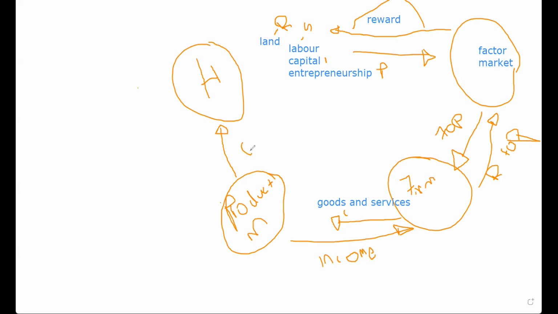So I'm just going to write G and S. So now we go to Pick and Pay, we buy goods and services, and in return, we pay for these goods and services, which is an income to the what?